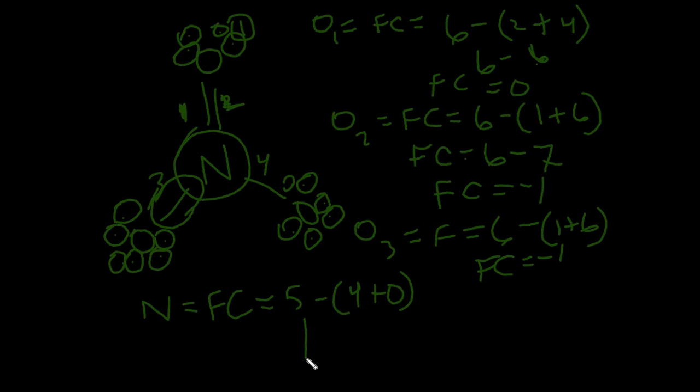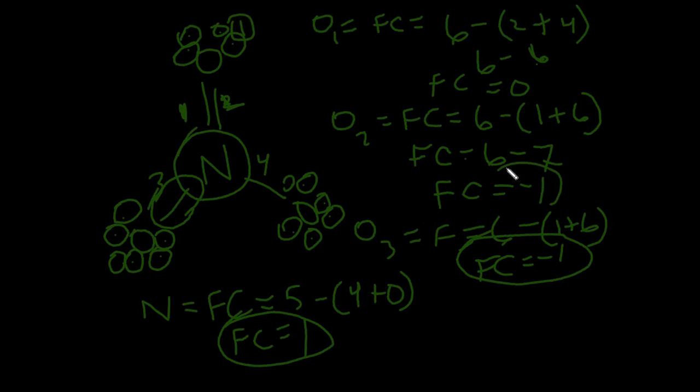So now to find the overall charge, you're going to add up all of these formal charges that we got for each atom. 1, -1, -1, and 0. You have -1 and -1 is -2, plus 0, still -2, and -2 and 1 gives you -1.